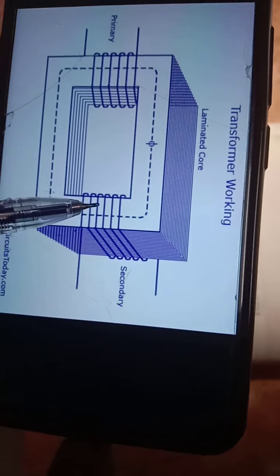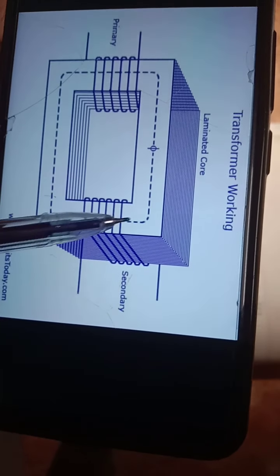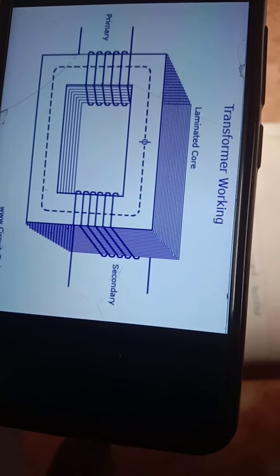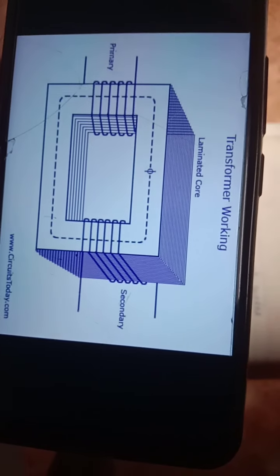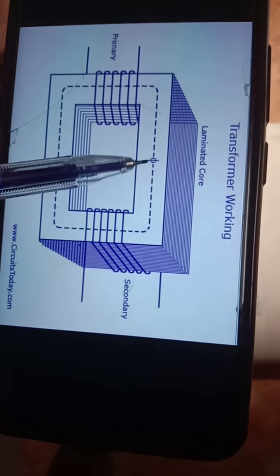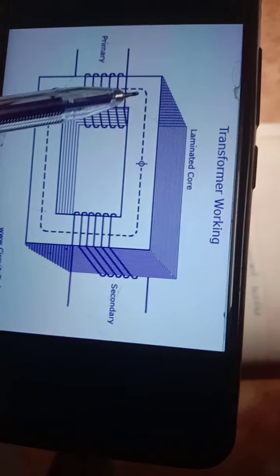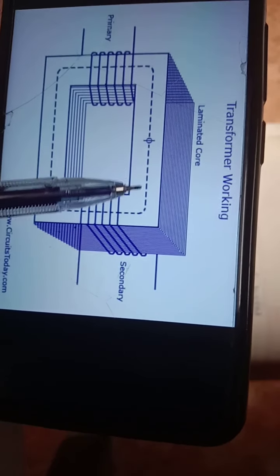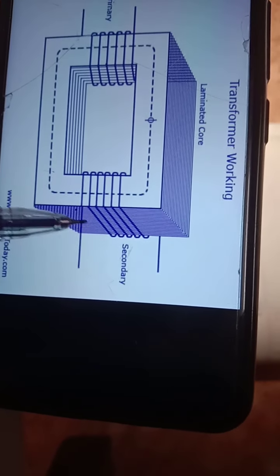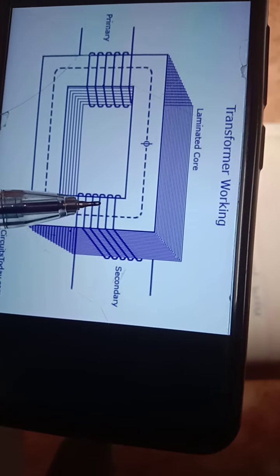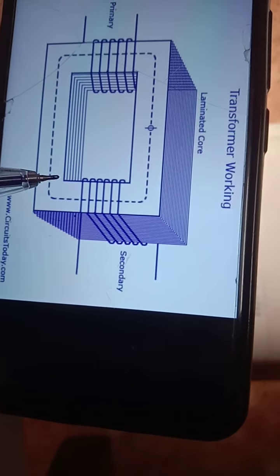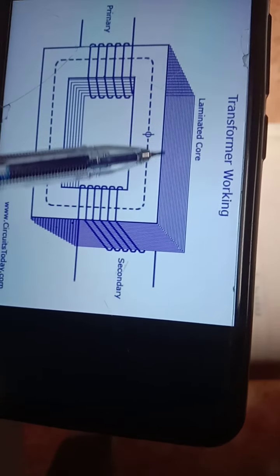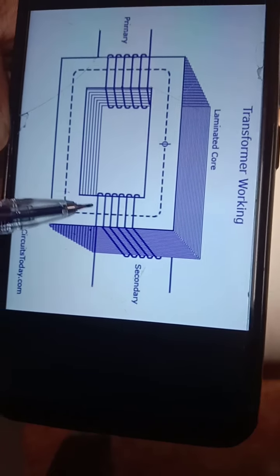So listen carefully: when the magnetic flux linked with the core of the transformer changes, currents are set up.